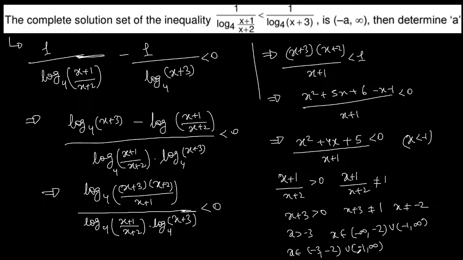This is what is going to happen. This is the x value, and we are getting x is less than minus 2, so we can simply say that x belongs to minus 3 to minus 2. So when it is minus 3 to minus 2, log of x plus 3 base 4 is negative.